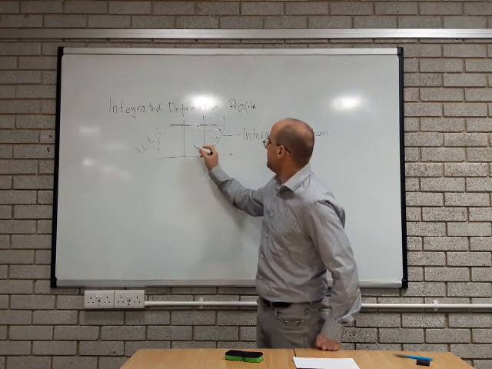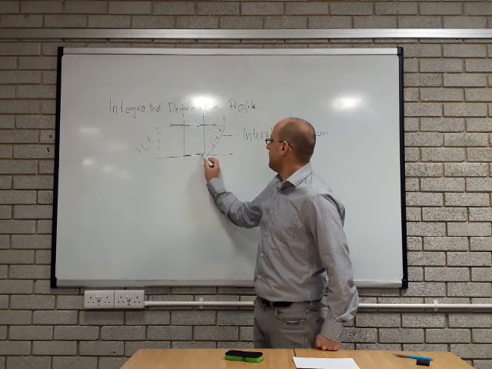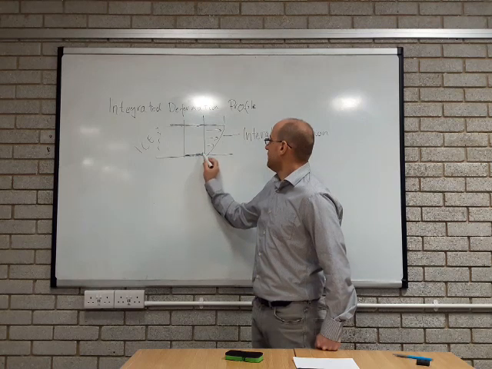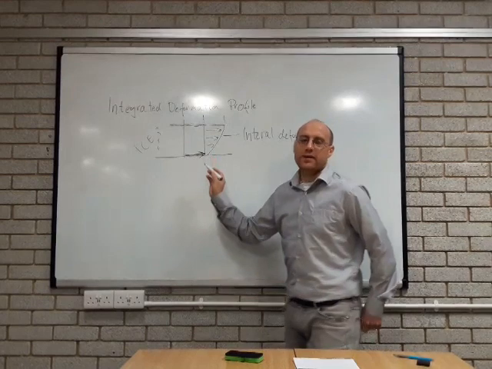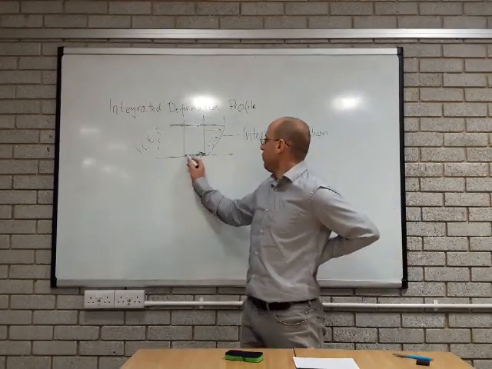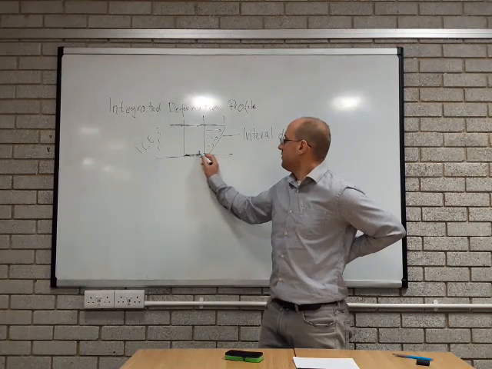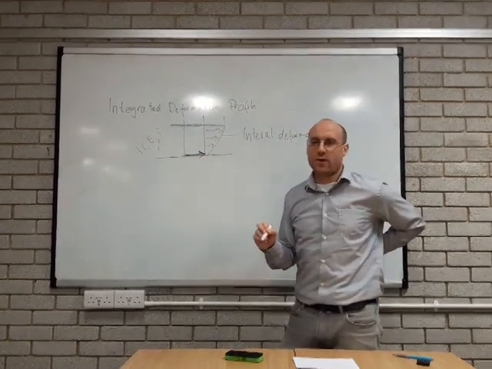There will also be sliding on the surface of the bed. And depending on what kind of material we have here, and whether it's a cold or a warm based glacier, this will be a different value.